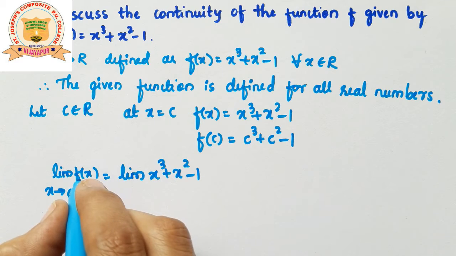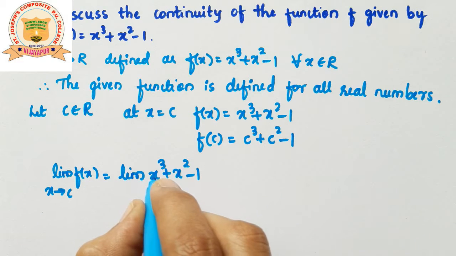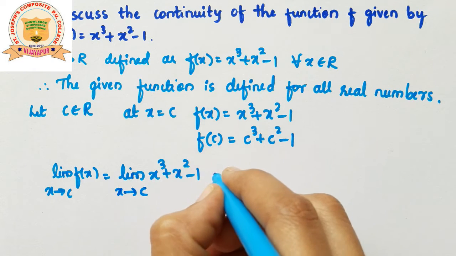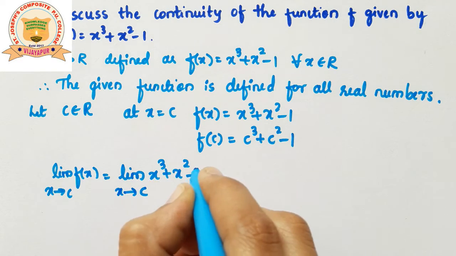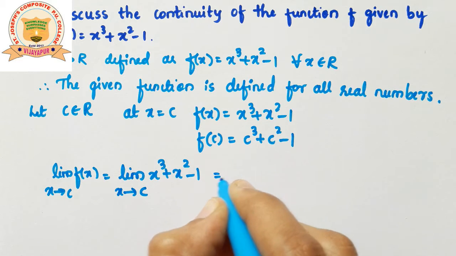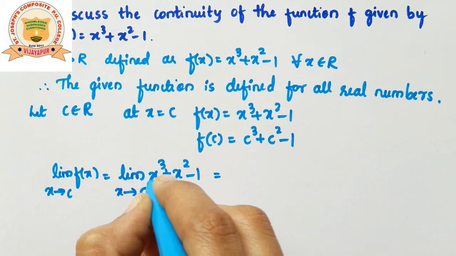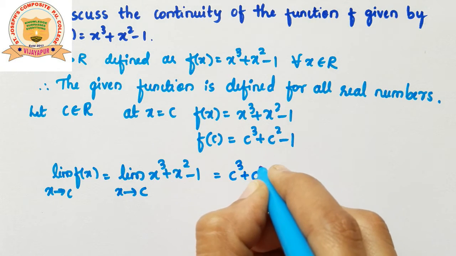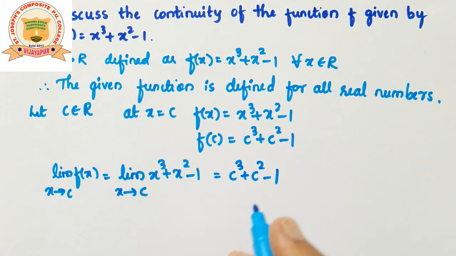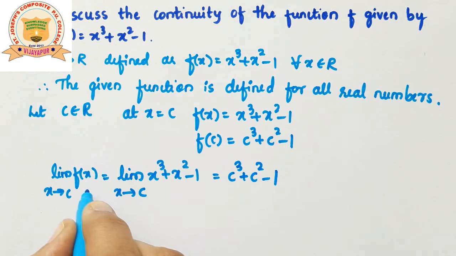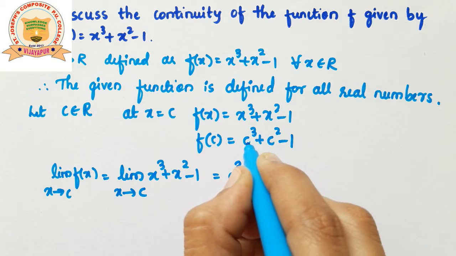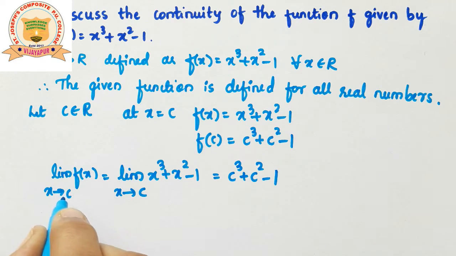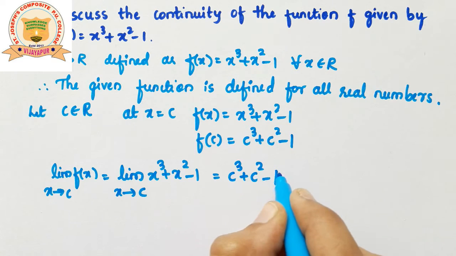As x approaches c, this value approaches what value? That we find by substituting c in place of x, that is c cube plus c square minus 1. If you observe these two quantities, f of c is c cube plus c square minus 1 and limit of f of x as x tends to c is c cube plus c square minus 1.